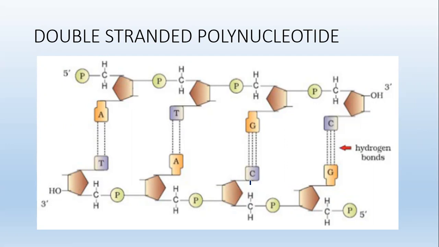Answer is very simple. You can see the bonding between A and T and the bonding between G and C. So A and T, they are connected with each other by only two hydrogen bonds. G and C, they are connected with each other by three hydrogen bonds. So the answer is very easy, that it will be difficult for us to break the bond between G and C in comparison to A and T.